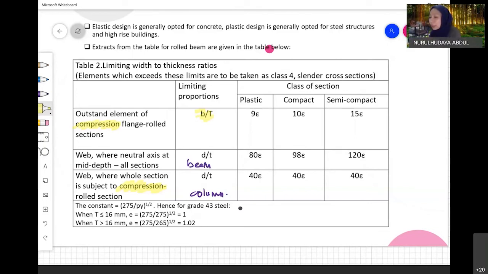Okay, yang kita tak nak dia slender. Why? Because slender, when you calculate for compressive resistance, which is the PC equal to AGPC yang sebelum ni I ada dalam example sebelum, example 1 yesterday, dia pakai formula lain. Okay, so for slender, formula dia different and formula dia lebih complex.